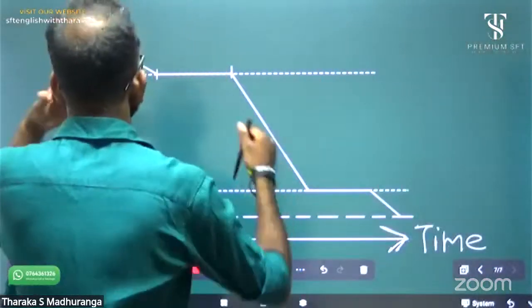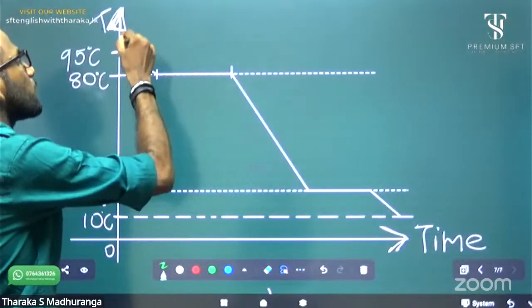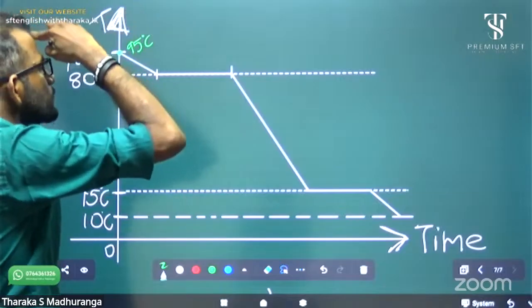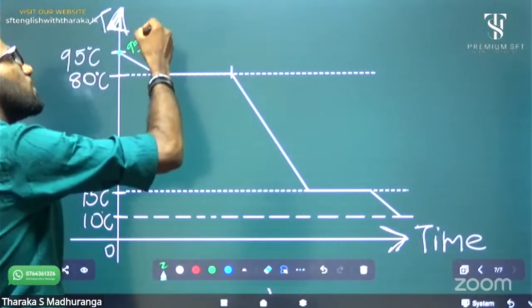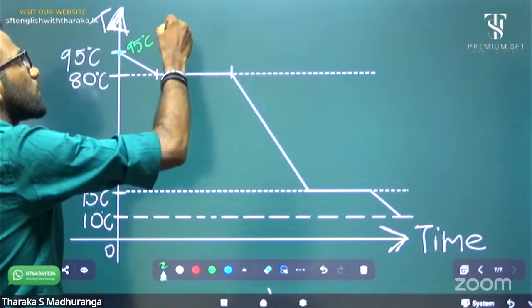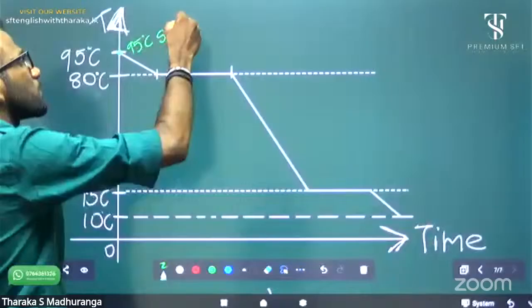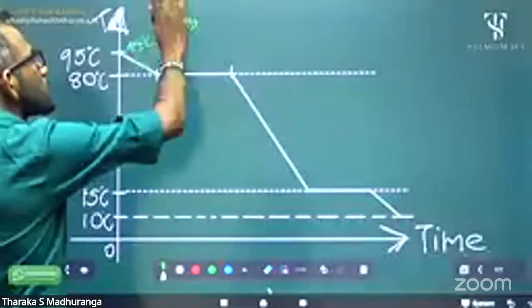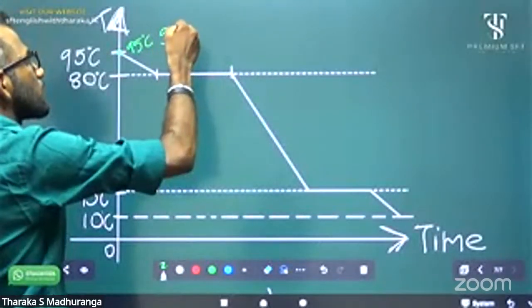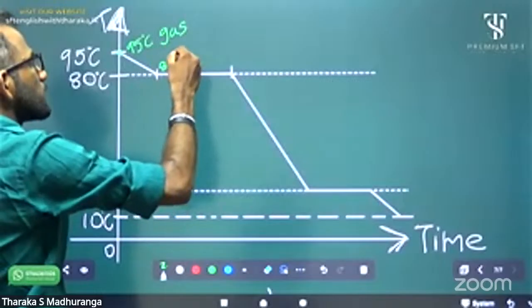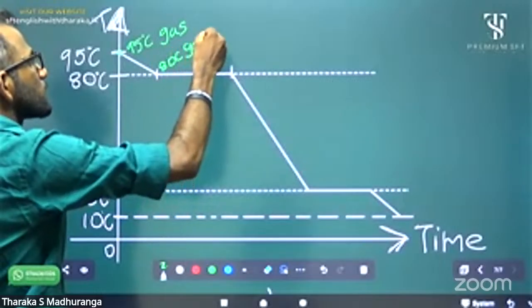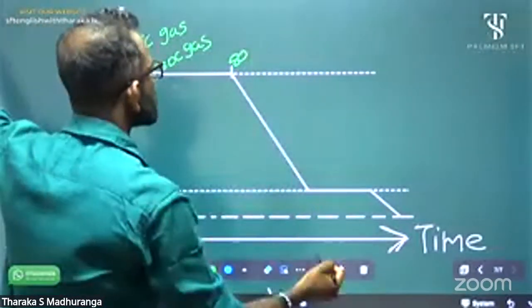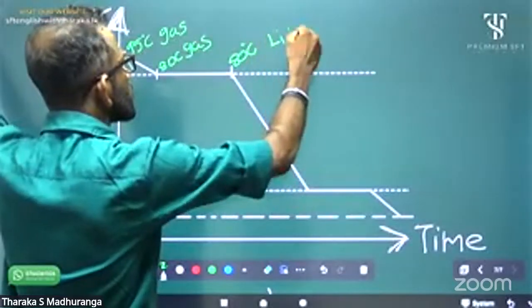If you want, you can note this down. The initial point is 95 Celsius coconut oil gas. This is 80 Celsius gas. This is 80 Celsius liquid.